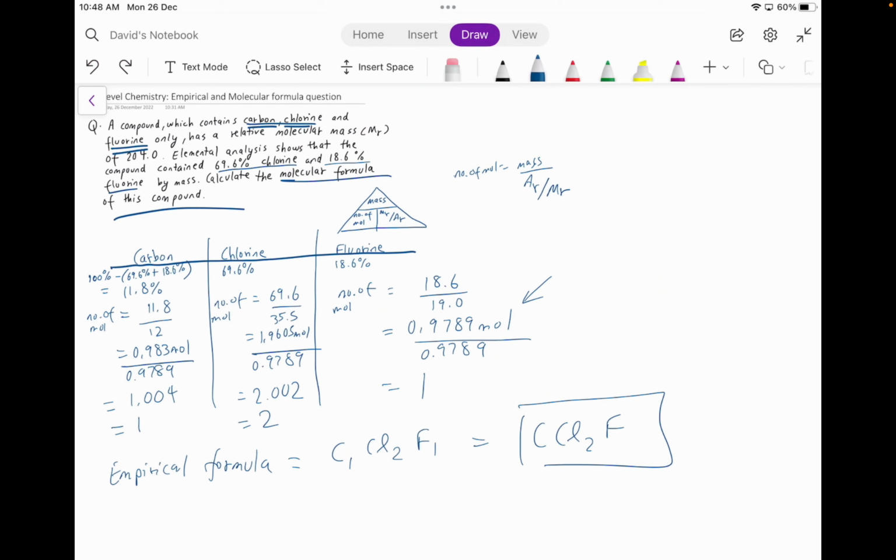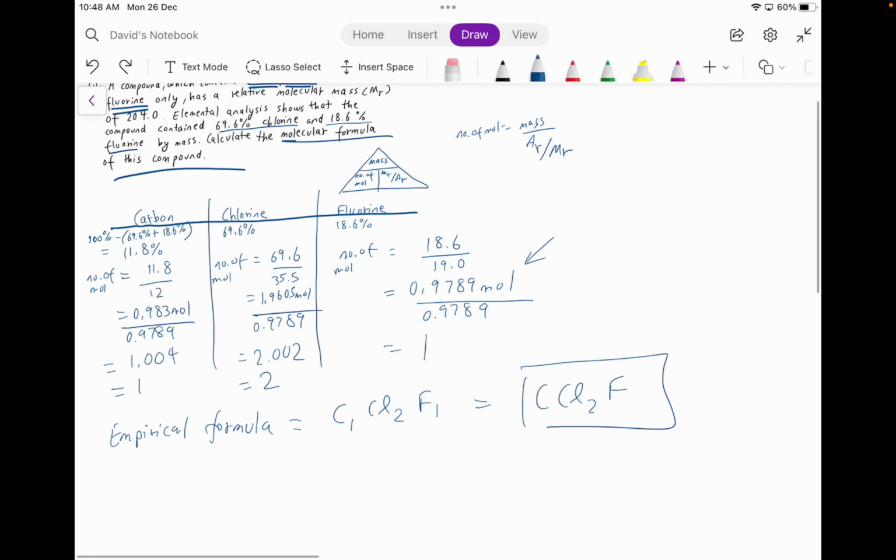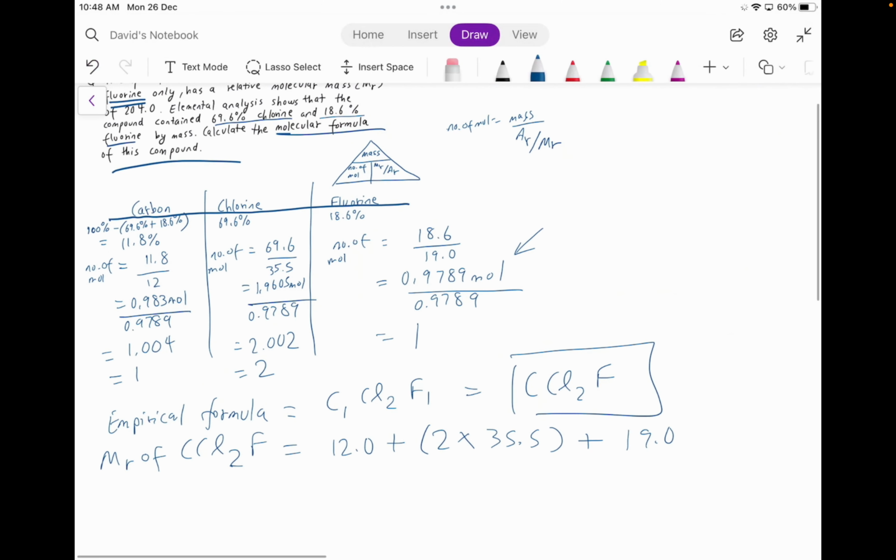First, let's find the MR of CCl2F. This is carbon, which is 12.0, plus, since there are 2 chlorines, 2 times chlorine's AR, which is 35.5, plus the AR of fluorine, which is 19.0. AR just means relative atomic mass, and this becomes 102. This is the MR of the empirical formula.